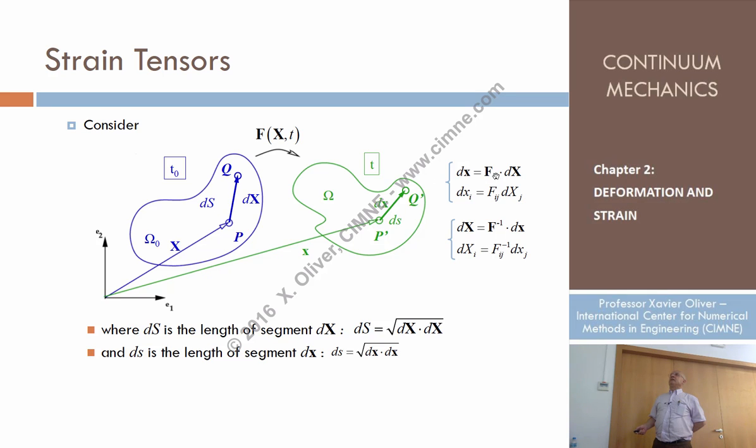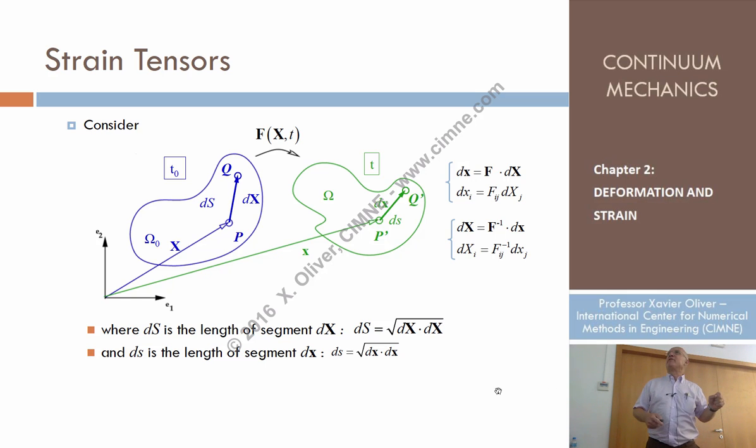We know that the fundamental equation of deformation says that these relative position vectors are related through this tensor, which is called the material gradient of deformation tensor, F. And this is the inverse gradient of deformation tensor.